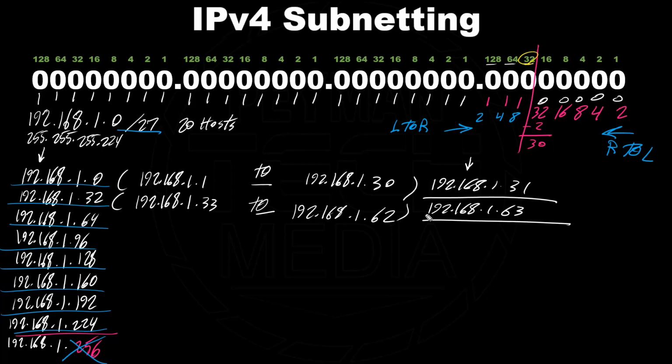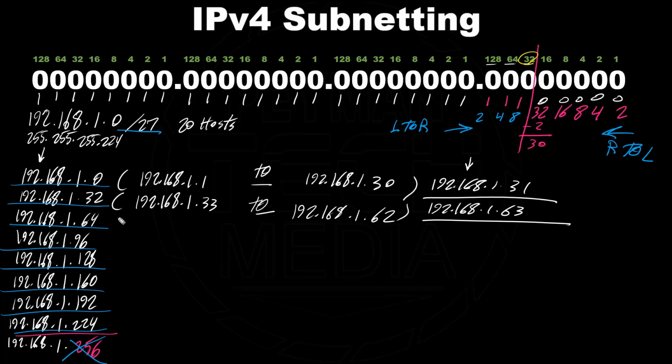Because the broadcast address is 192.168.1.63, one less than the next subnet, right? So that's a broadcast address, that's a network address, and these are the available IP addresses for this subnet. And here we can see also we should have 30 available IP addresses. So 1.33 to 1.62, that's a total of 30 available IP addresses.